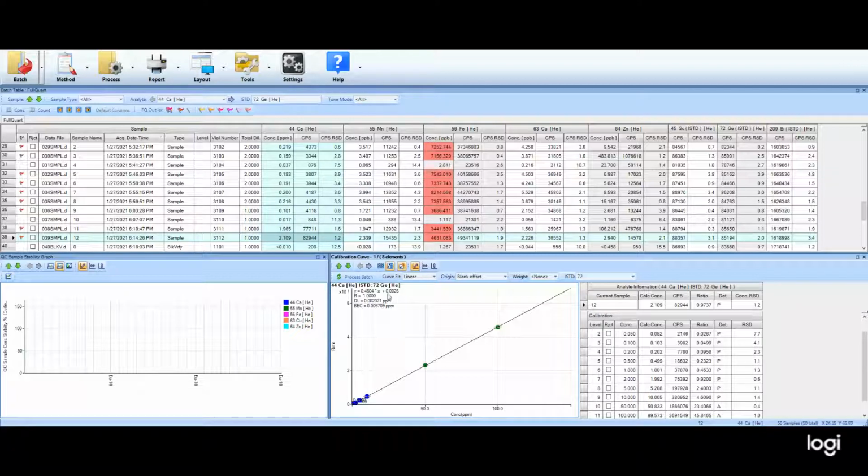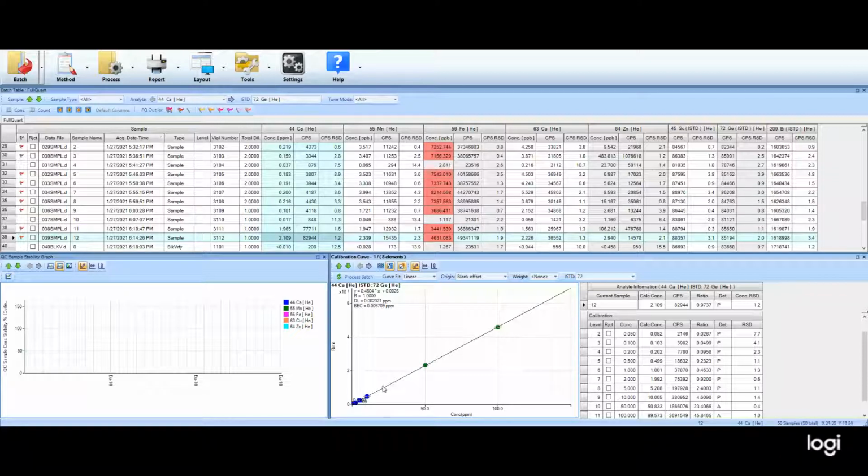But each calibration curve has its own values that are important, that we also export and report to our clients, which is of course the R value. The R value is the quality of the standard curve. This is a linear regression.